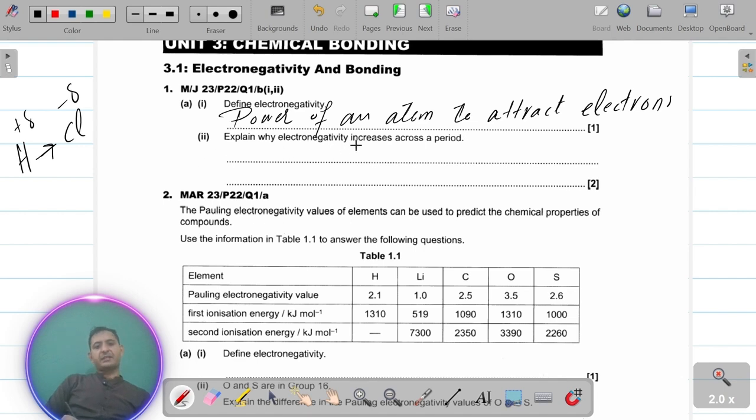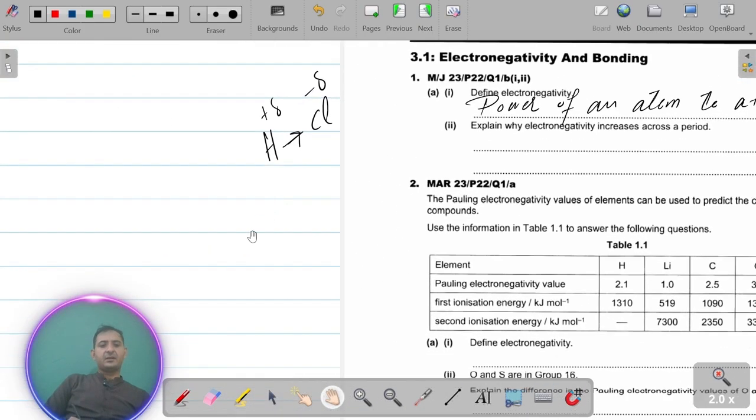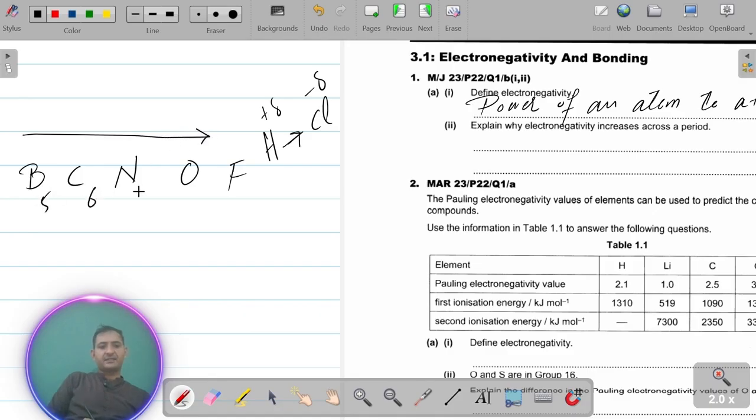Explain why electronegativity increases across a period. We know across the period, for example, we have boron, then C, N, O, and F. We are moving left to right. Here we have atomic number 5, 6, 7, 8, and 9.